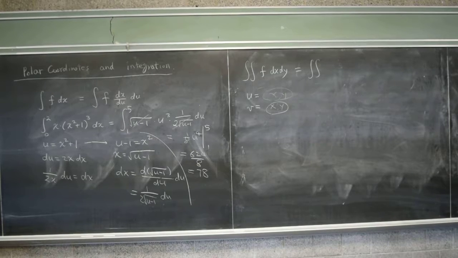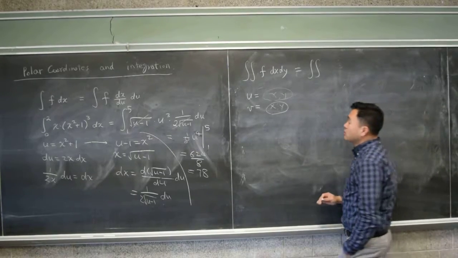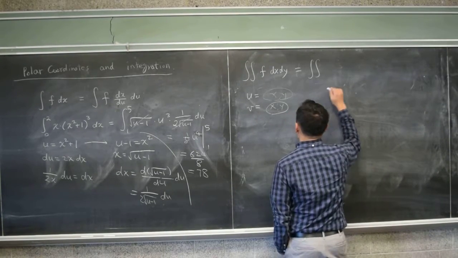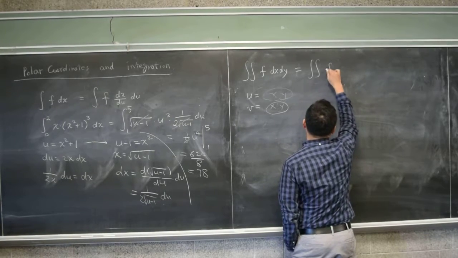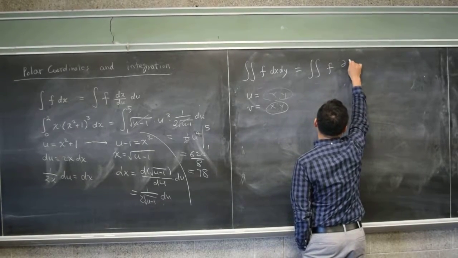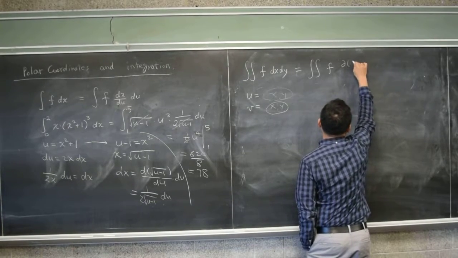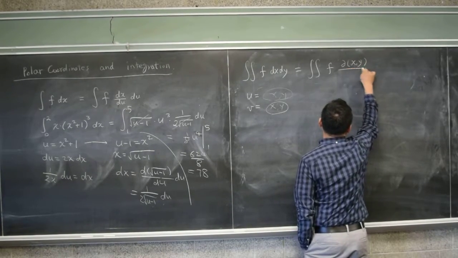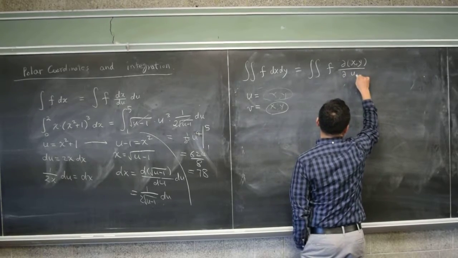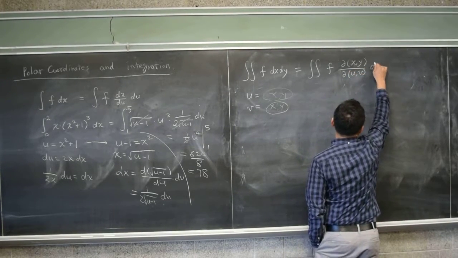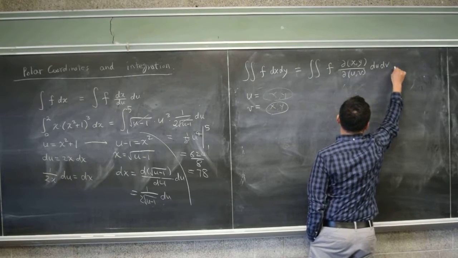And the formula that you have to use is very similar to that. It's like f times round xy over round uv du dv.